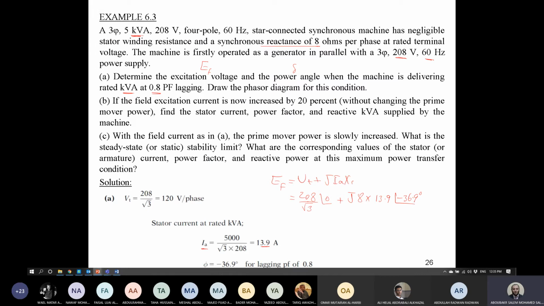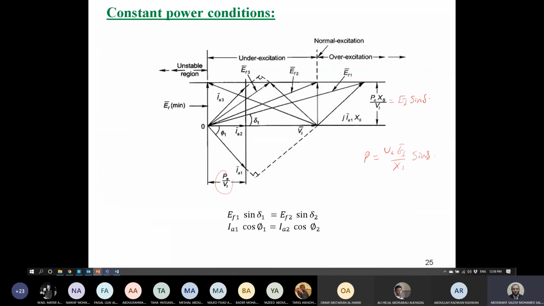if the field excitation current is now increased compared to part A, so we increase the excitation voltage, what do you expect? What will happen to the power angle? According to the phasor diagram here, it will increase.